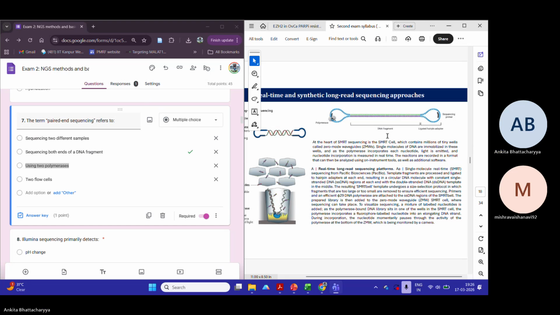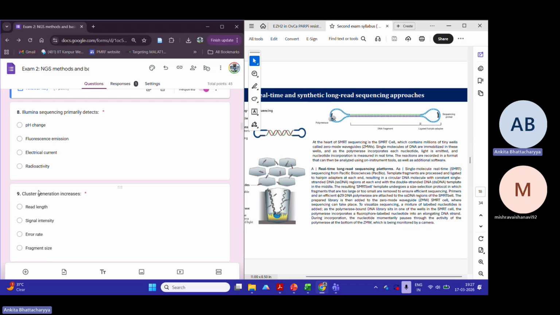It can lead to bias, incomplete efficiency, or inaccurate results that you cannot rely upon. For any sequencing reaction, the preferred reaction mix has one polymerase only, which is able to catalyze the entire process. So this is the correct option, which is option B, sequencing both ends of a DNA fragment.